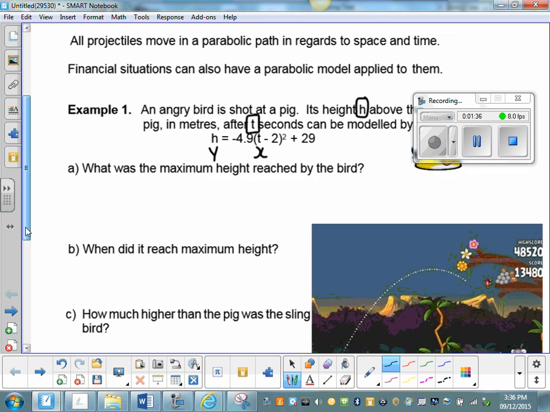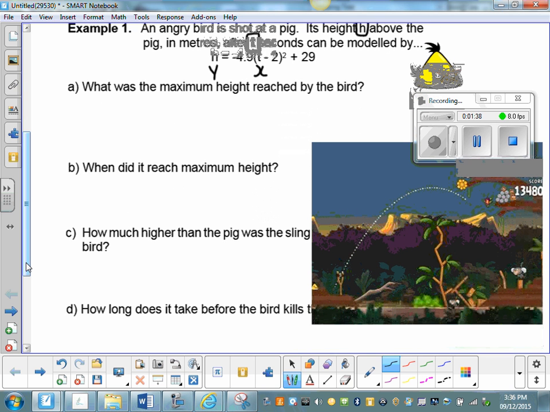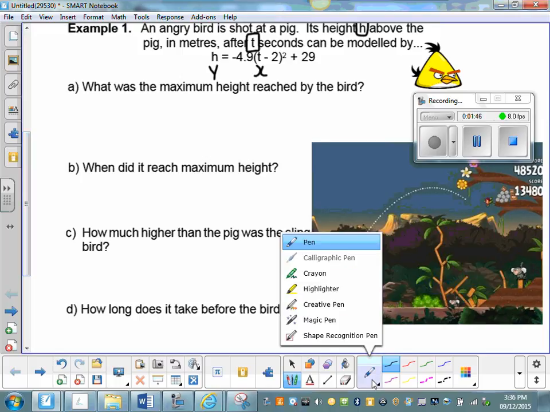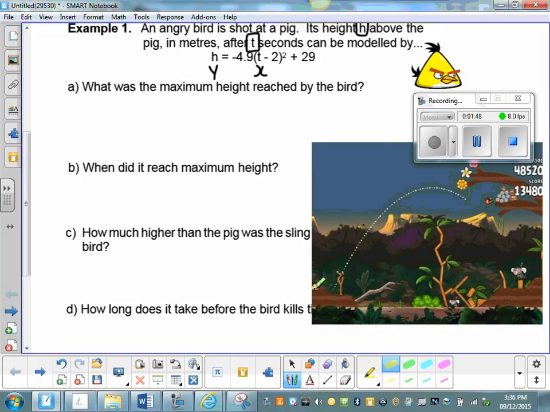And if you've ever seen Angry Birds or played Angry Birds before, you'll realize that you can see the dotted white line here is a parabolic arch.